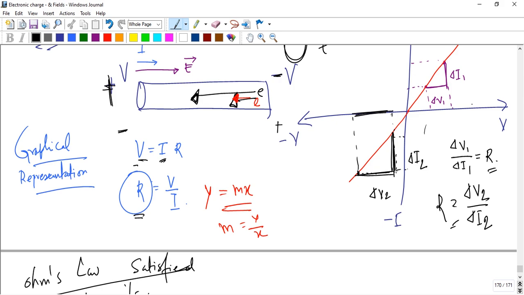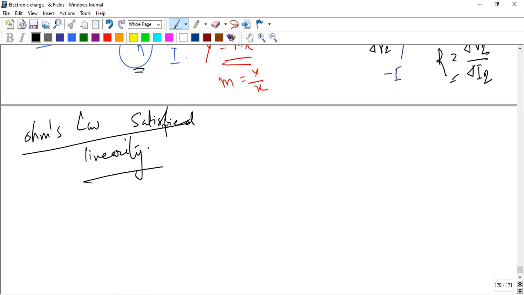For the definition of Ohm's law, if you want to write it, please pause the video and write that definition. Otherwise, your books have the definition.